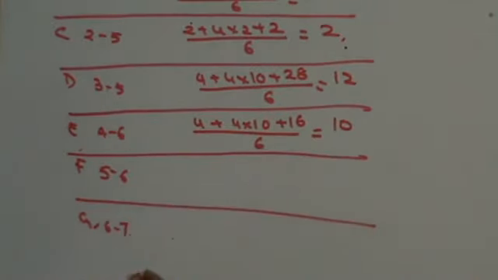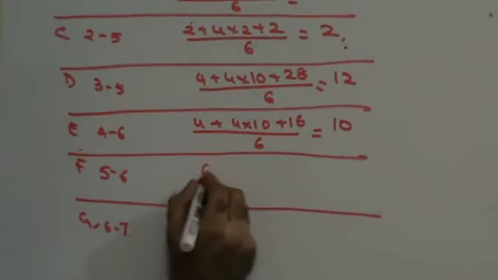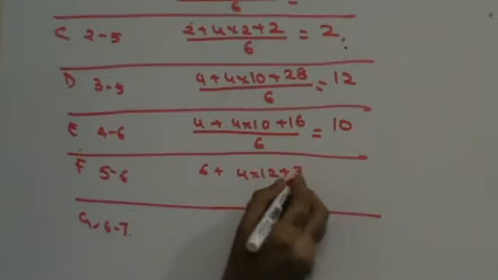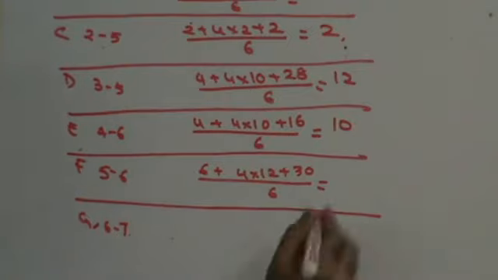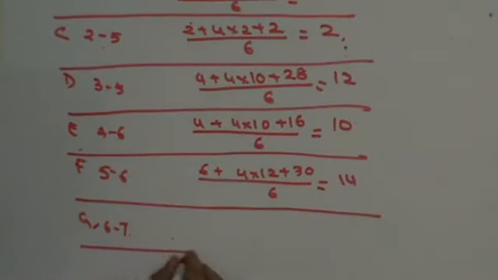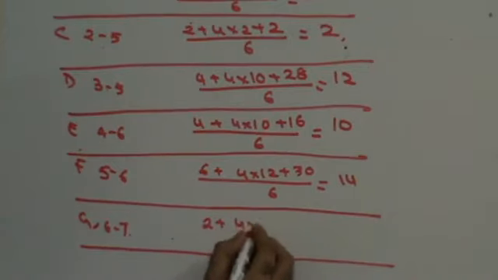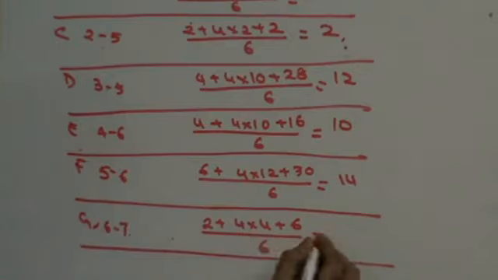Then 5 to 6 is 6 plus 4 into 12 plus 30 divided by 6, which comes to 14. Next, 2 plus 4 into 4 plus 6 upon 6, which comes out to be 4.